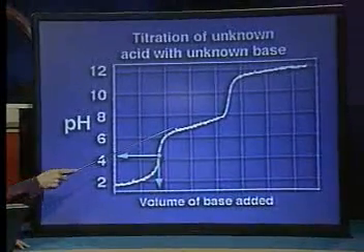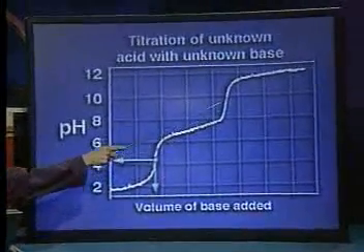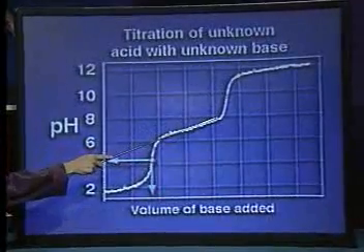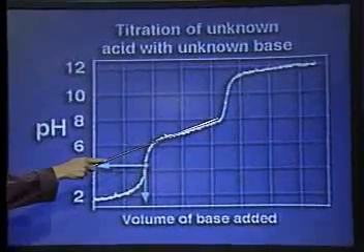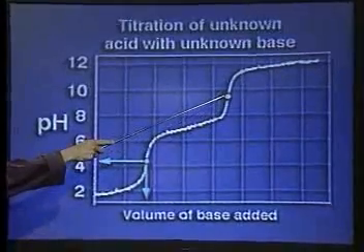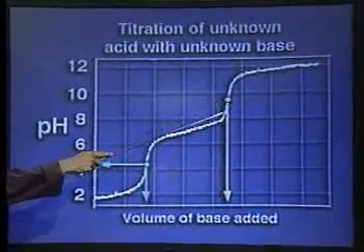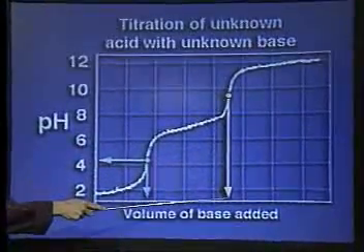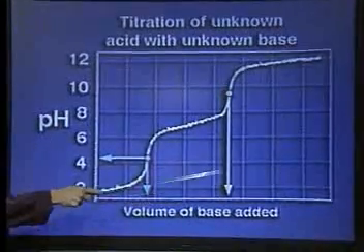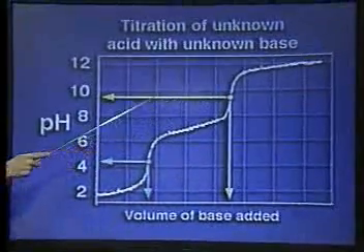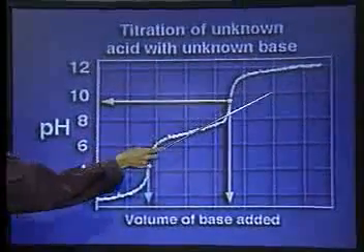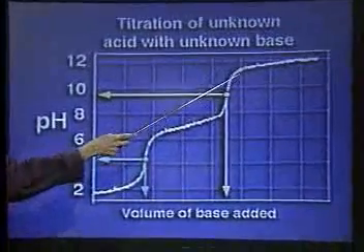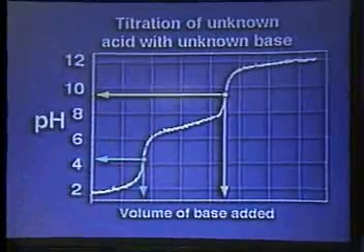All right, now what about this section of the graph? The second vertical rise is where the second proton is being neutralized. And a vertical line drawn from that equivalence point will tell us the volume of base needed to reach that point. And a horizontal line drawn from that point will tell us the pH of that point. Correct. How about this region right here? That's when the base is in excess.